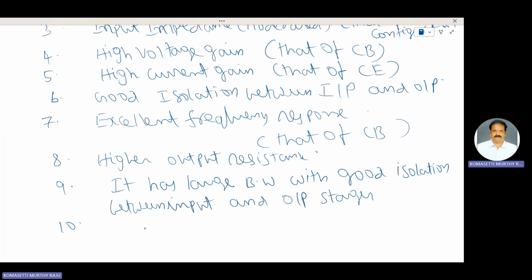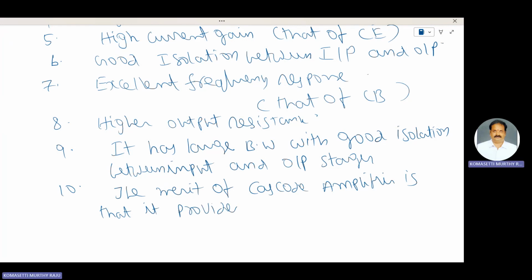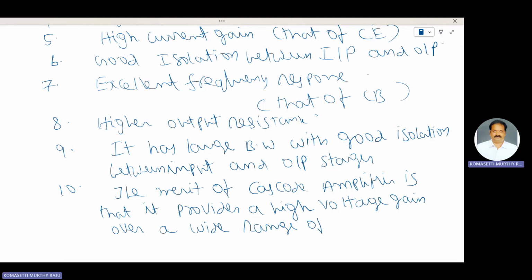The merit of cascode amplifier is that it provides a high voltage gain over a wide range of frequencies.